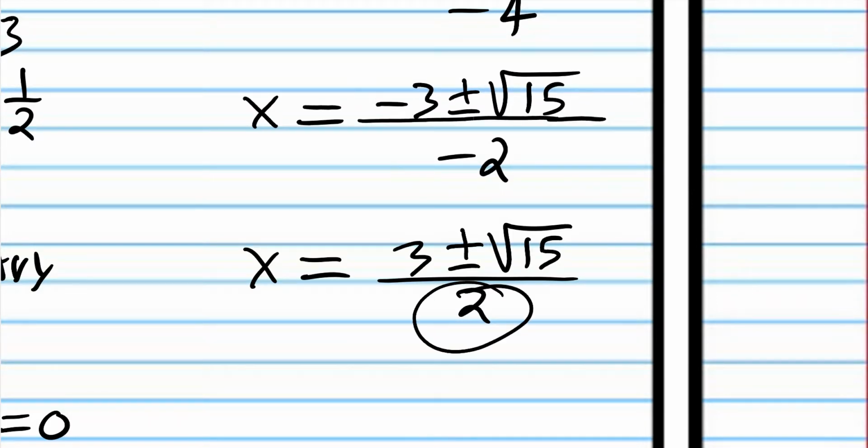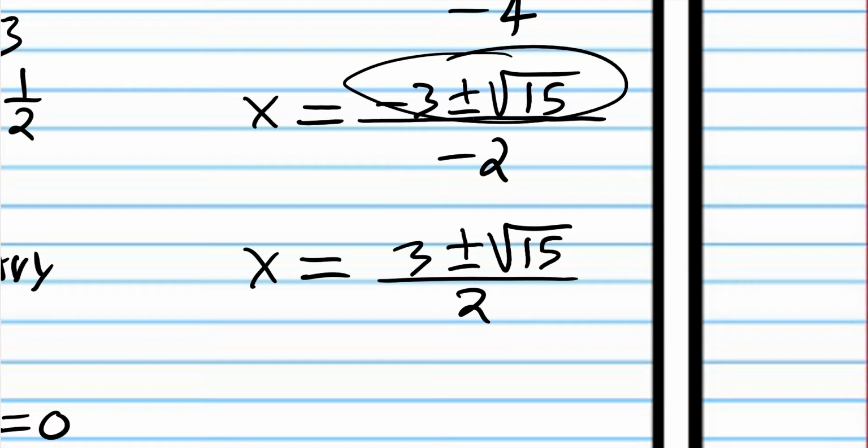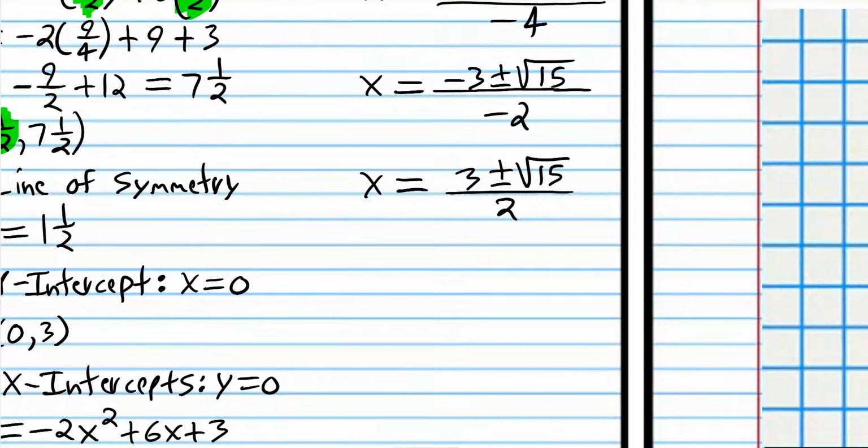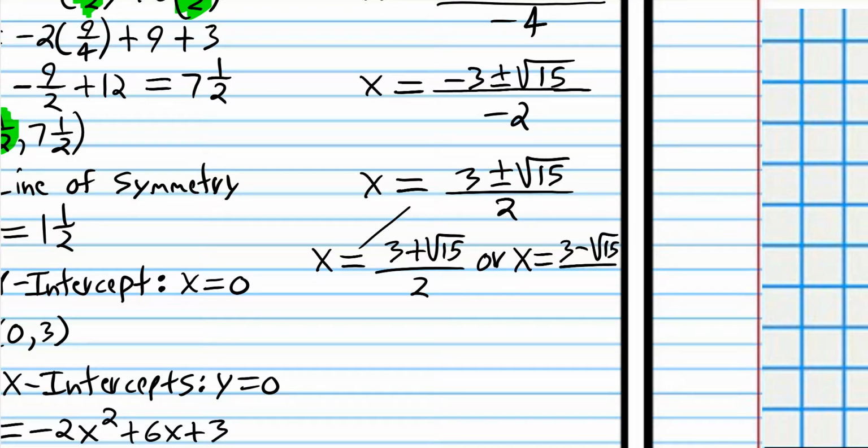It changes this to a positive 2, and it uses the distribution rule, changes this to a positive 3, and when you multiply this by a negative 1, well, plus or minus just stays plus or minus. You can think about the logic of that later. Okay, so now we have two solutions. X can be 3 plus root 15 over 2, or X can be, instead of a comma I should write or, X can be 3 minus root 15 over 2.